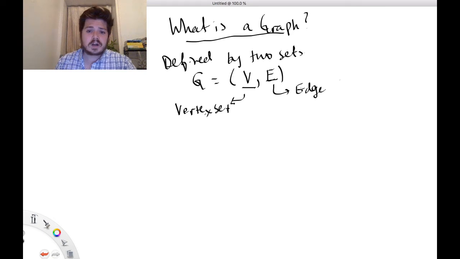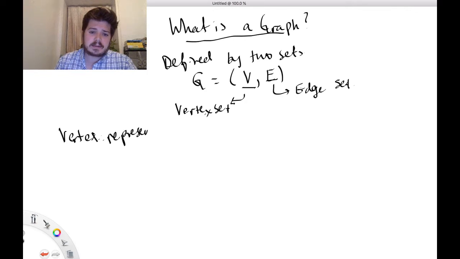So what are vertices and edges? A vertex is just represented by points in your space.